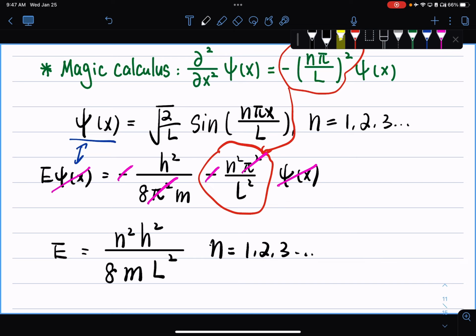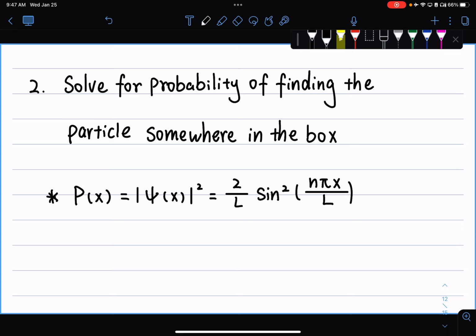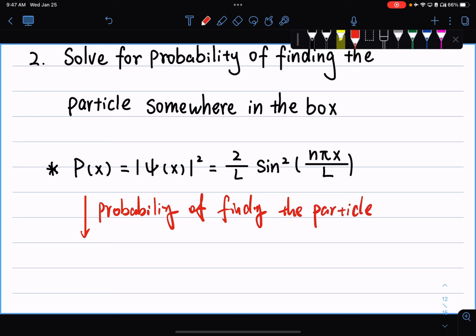The other way to use the solved wave function is to solve for its probability. We already saw it before, so the same idea: say I want you to set up the probability integration for finding the particle between x1 and x2, assuming that's within the box.